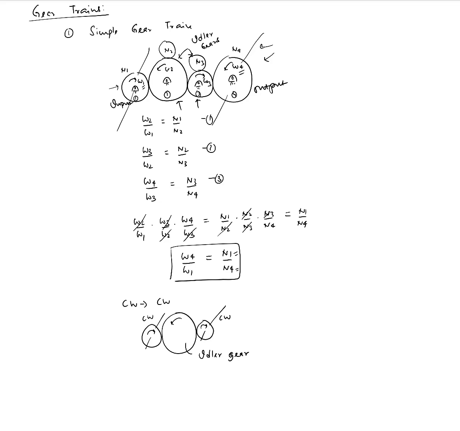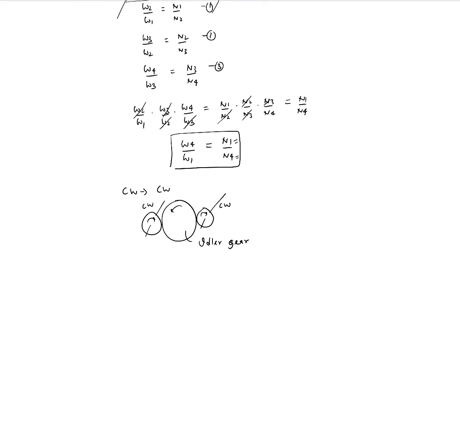But of course, this would not be a good solution for very large distance transmission of motion. If the distance from input to output shaft was very large, employing a large number of gears would be a bad idea, because at every stage there will be some loss in power, since you don't have 100% efficiency. In that case, you are better off employing a pulley and cable kind of system from input to output, something like this. So this is an example of a simple gear train.